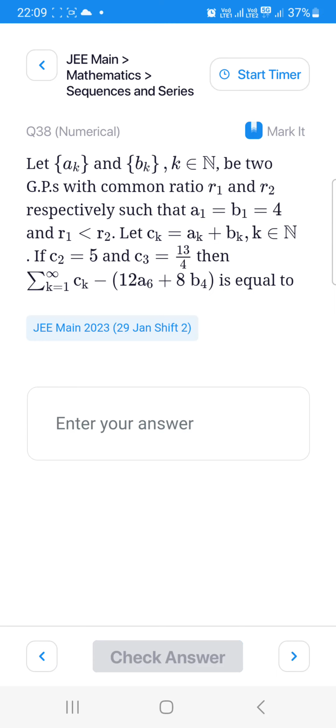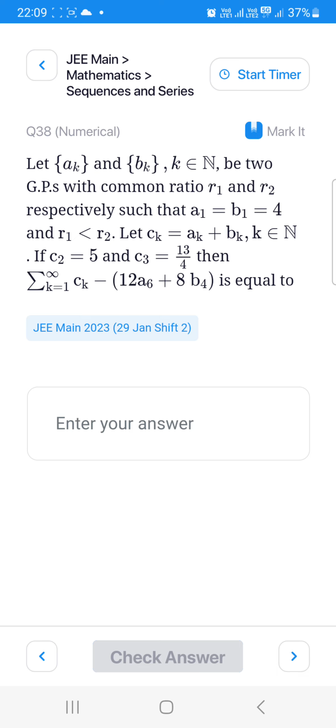Alright guys, this is a question from JEE Mains 2023, 29th of January, shift 2. This is a question that really deserved 4 marks in the JEE Mains maths paper. You might get confused while reading the question.